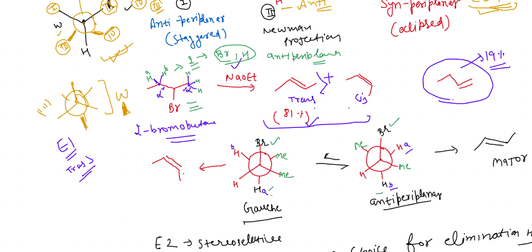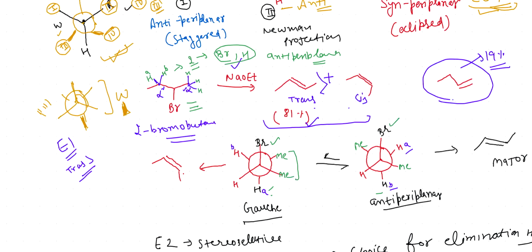So what is the difference between these two conformations? In this conformation, the methyl groups are present also at a 180-degree angle and hydrogens are also present at a 180-degree angle. But in this case, they are not present at the 180-degree angle. They are present at the 60-degree angle.